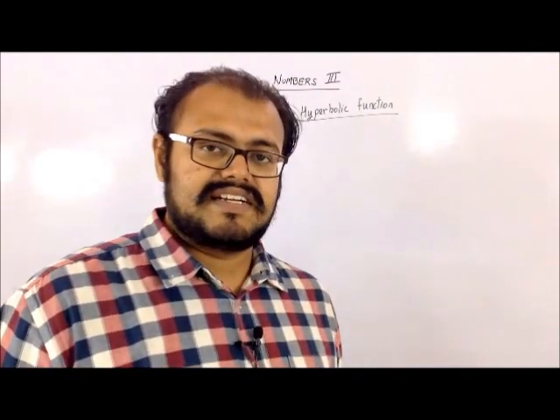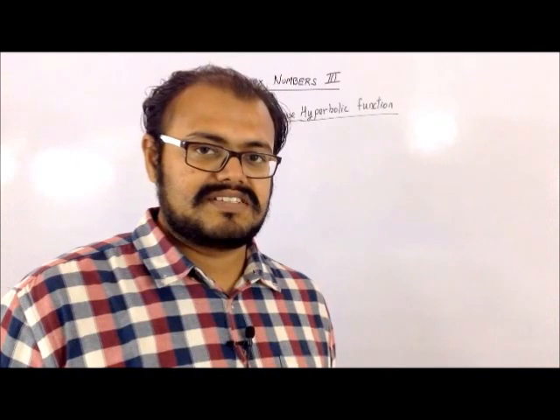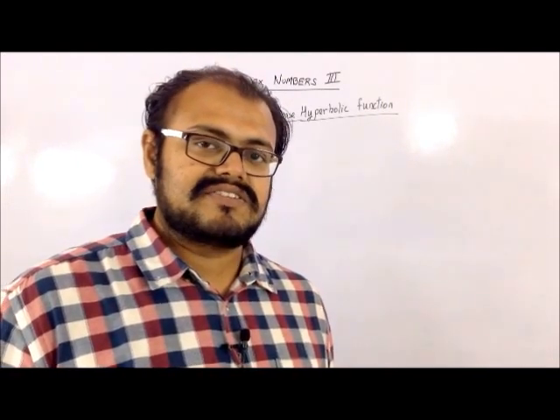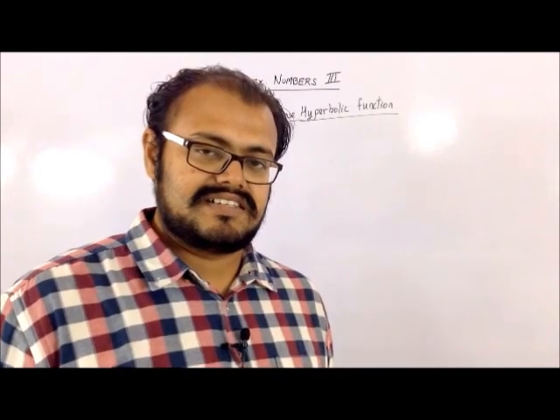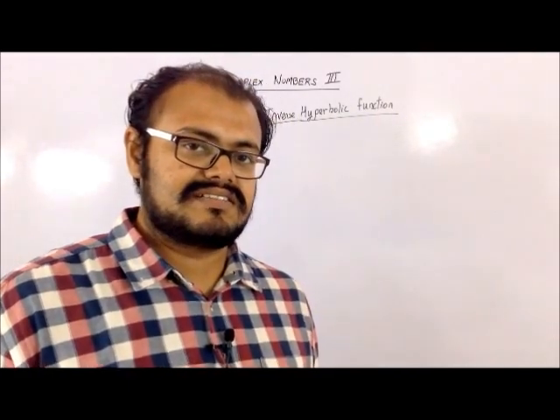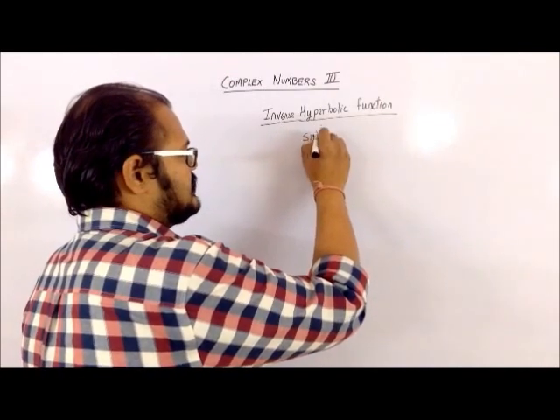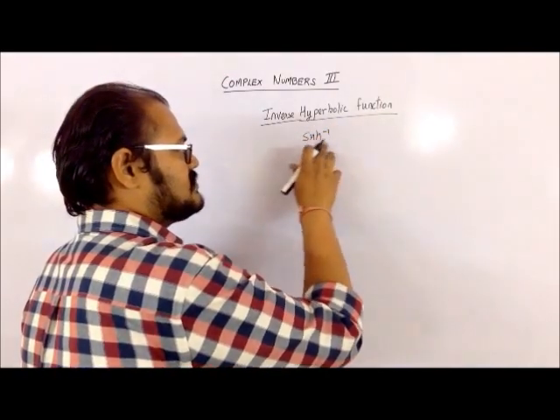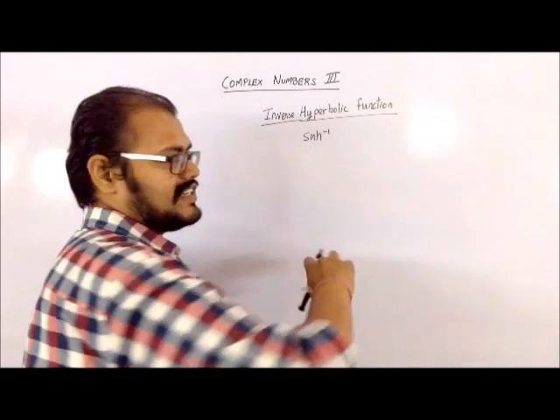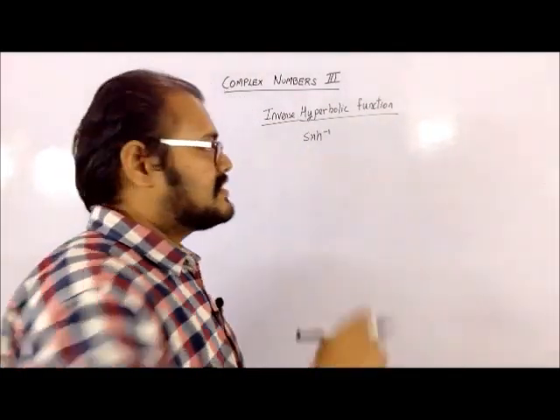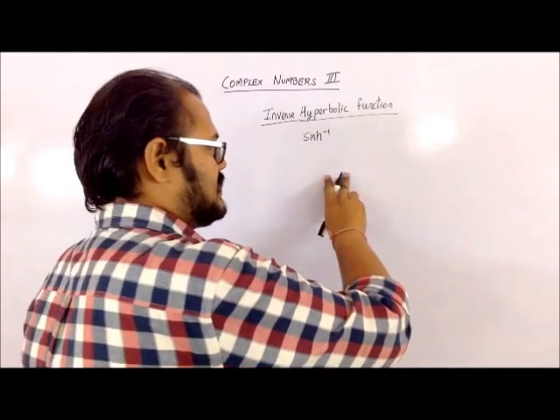Next topic is finding the inverse of a hyperbolic function. So there are a set of formulas given for finding the inverse of a hyperbolic function. The first one is sin h inverse. So the inverse of a hyperbolic function, just like our inverse of a sine or a circular function, is written with a raised to -1.